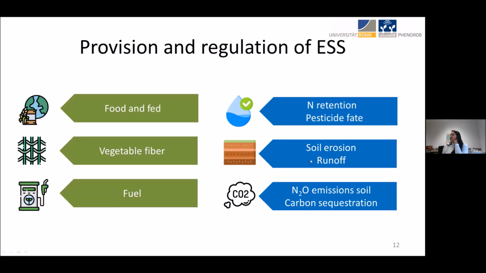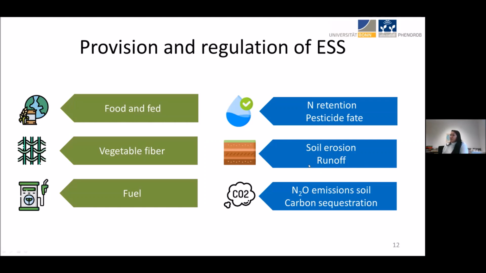As for soil erosion and soil runoff, soil erosion is also considered in some of the models. Right now, there's a model improvement going on in our group, with a student working on including soil erosion by water into the SIMPLACE modeling framework.